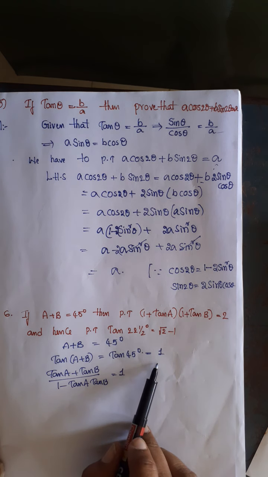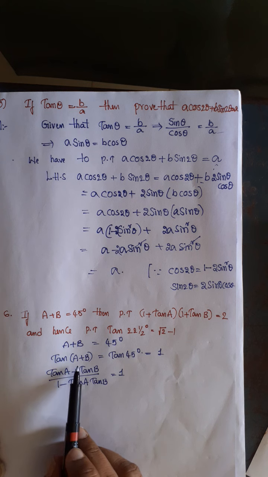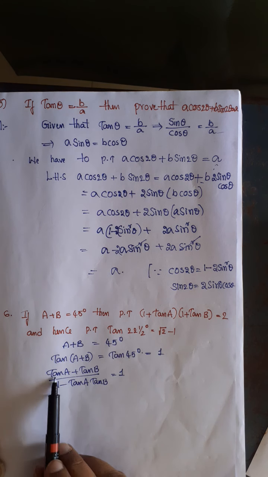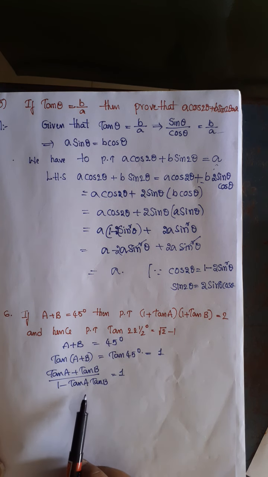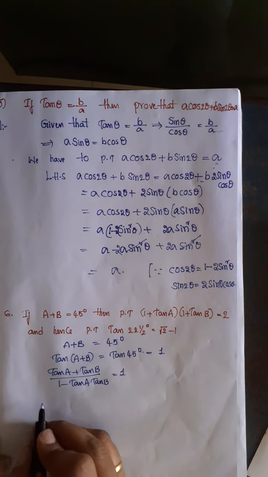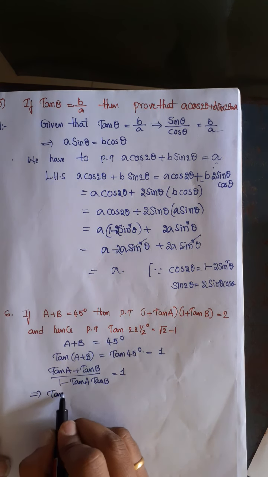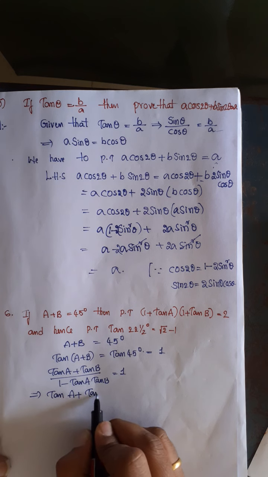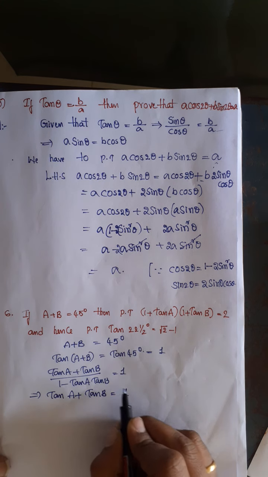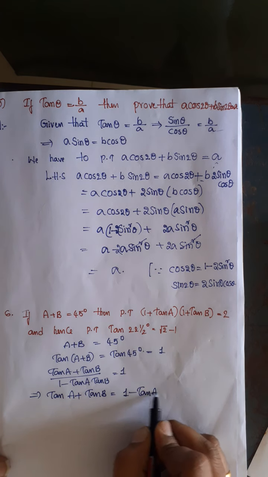Tan 45 value is 1. Now you take the formula: tan of a plus b is equal to tan a plus tan b by 1 minus tan a tan b, which is equal to 1. So from this we can write tan a plus tan b is equal to 1 minus tan a tan b.